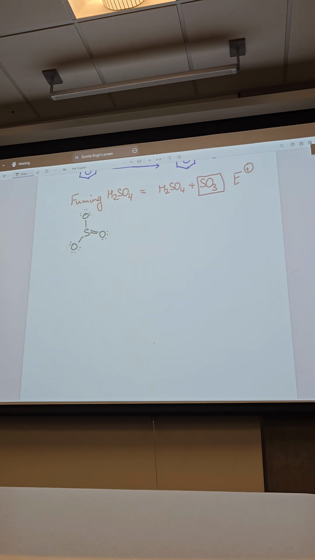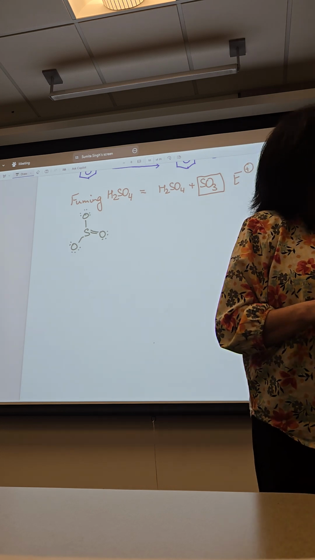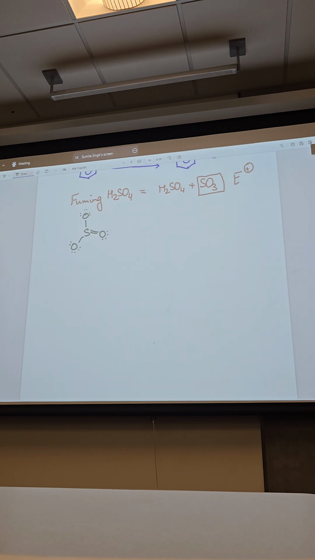Because can sulfur expand its octet? What's the best Lewis structure for sulfuric acid? Is it sulfur attached to two hydroxide groups and two oxygens? Is that the best?